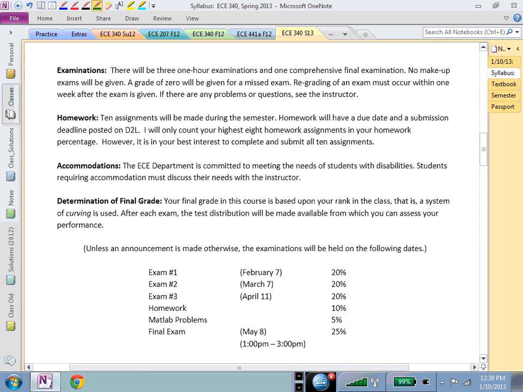If you miss 9, yes, that will hurt you. If you miss 6, that will hurt you. It's best if you try to work all of the homework problems and turn those in, but I'm just going to use in this percentage your top 8. So I'll scale that such that 8 homeworks, your highest 8, make up 10% of your final grade.